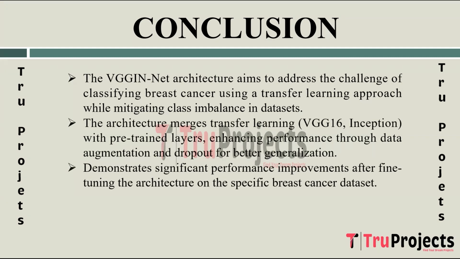Fine-tuning involves adjusting the pre-trained layers of VGG16 and Inception specifically for the breast cancer dataset. By fine-tuning, the architecture adapts its learned representation to better suit the characteristics of the breast cancer images. This adaptation results in significant performance improvements, leading to more accurate classification or detection of breast cancer-related features.